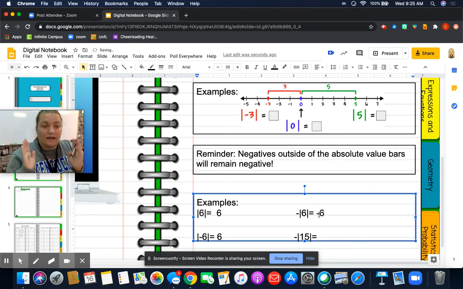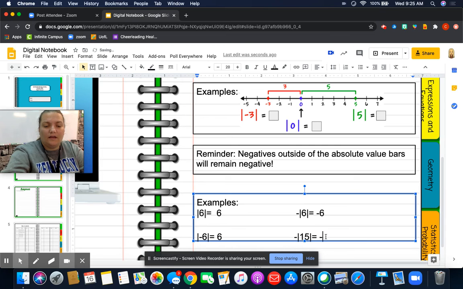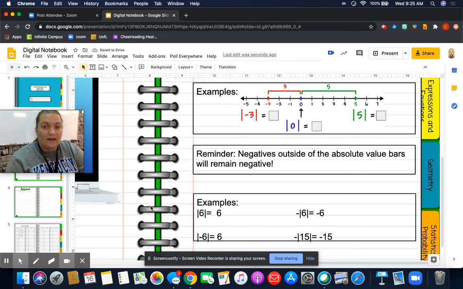So yes, the absolute value of 6 is 6, but there was a negative outside of that absolute value, so your negative carries over. So what do you think the answer is going to be down here? -15. Perfect. All right, so that is just a brief on finding absolute values.